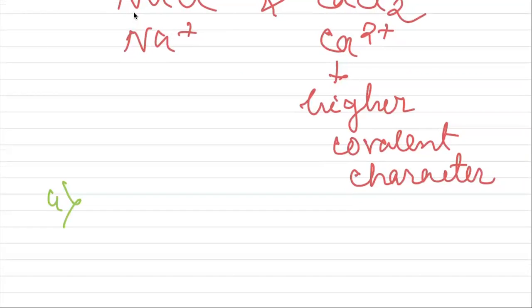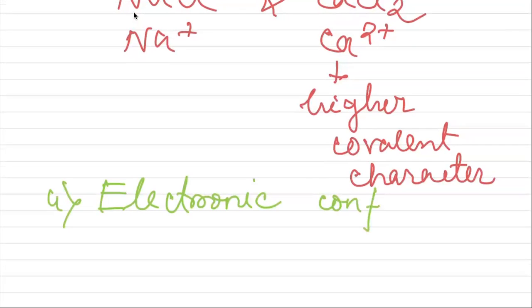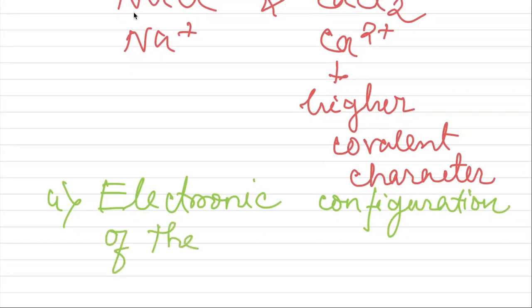Now next is electronic configuration of the cation. Cations with 18 electron shell configuration cause greater polarization than cations with 8 electron shell configuration.